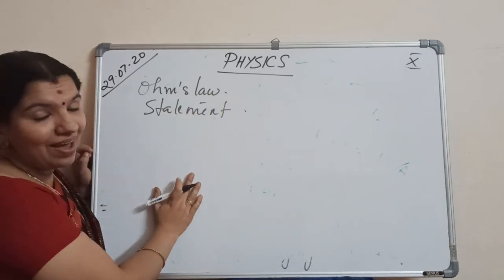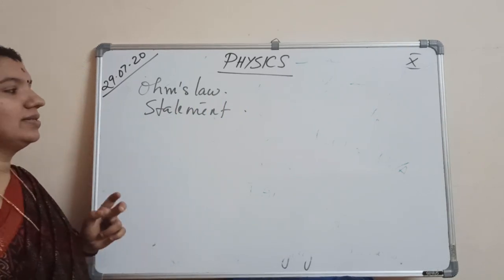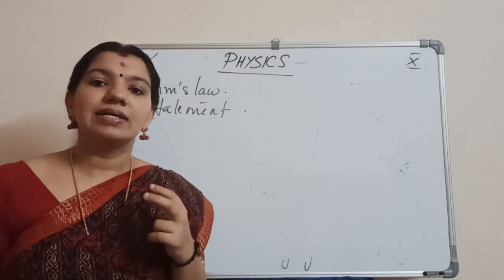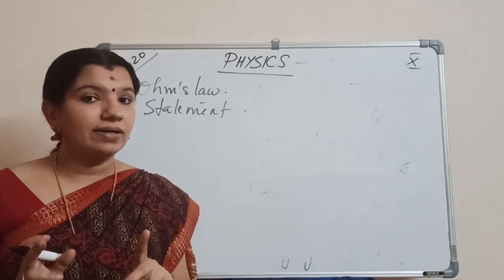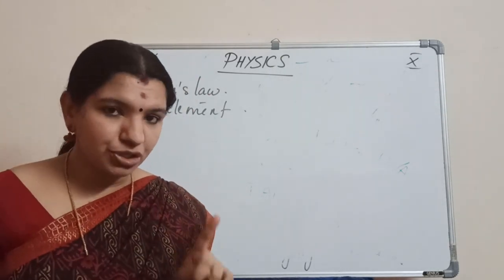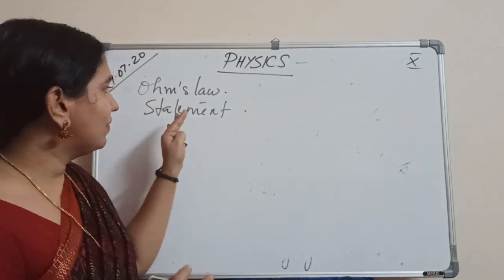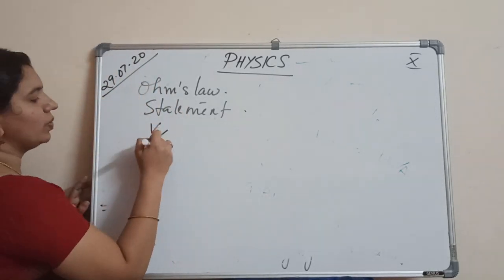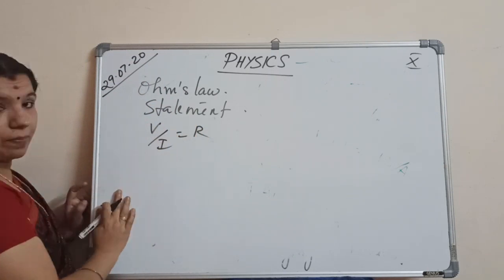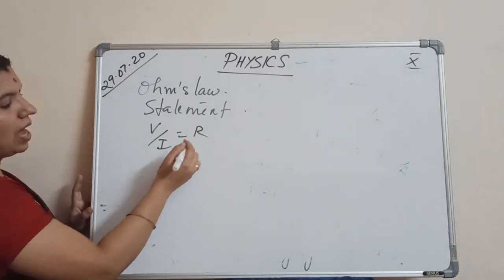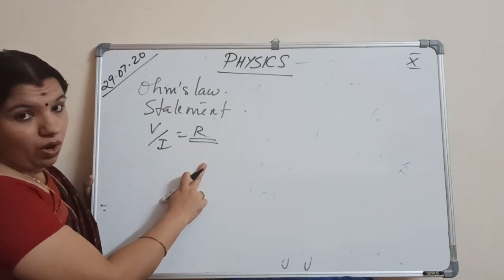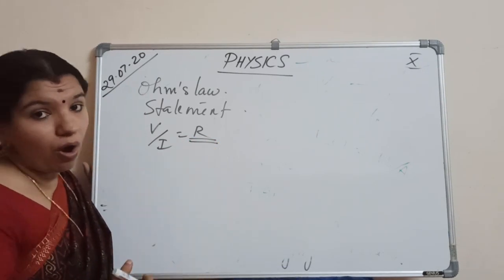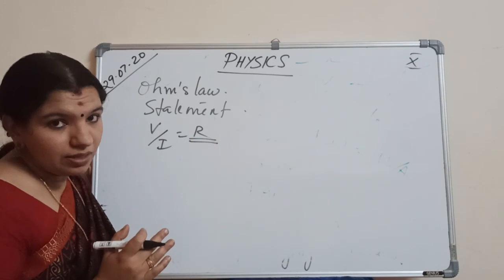The statement: the potential difference across the ends of a metallic wire is directly proportional to the electric current flowing through it, provided the temperature remains the same. From that we got the equation V by I is equal to R, where R is the resistance, which is the opposition to the flow of electric current in a circuit.